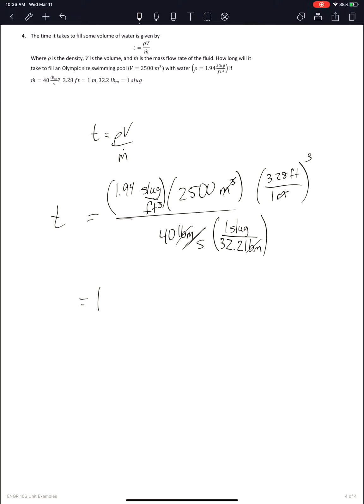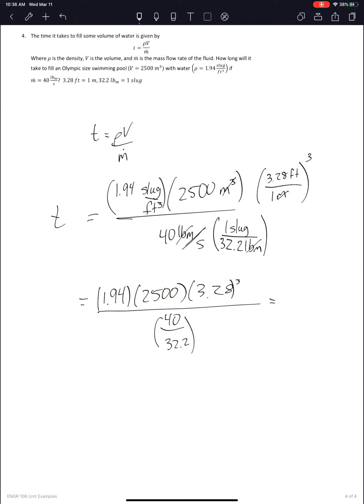The numbers that I multiply together are 1.94 times 2,500 times 3.28 cubed divided by 40 divided by 32.2, and that's equal to 137,771. Mind the significant figures there.